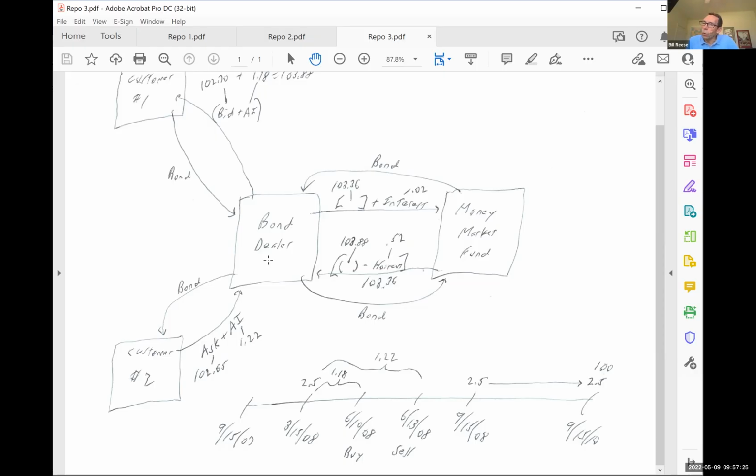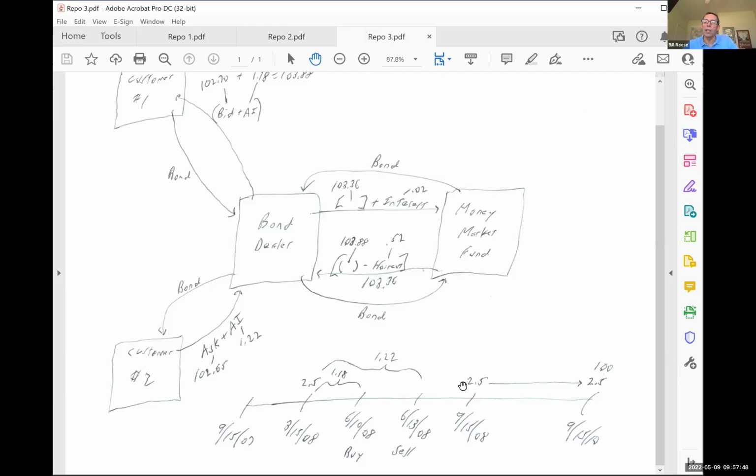Second way the bond dealer almost always makes money is something called the carry. The carry is going to be the difference between the interest rate that the bond is paying and the repo interest rate. What the bond dealer is doing, the bond dealer is earning interest based upon the coupon rate of the bond.